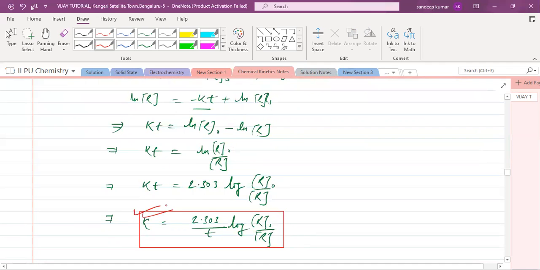They may ask you this derivation for 3 marks in the exam. Once again, we can see here.